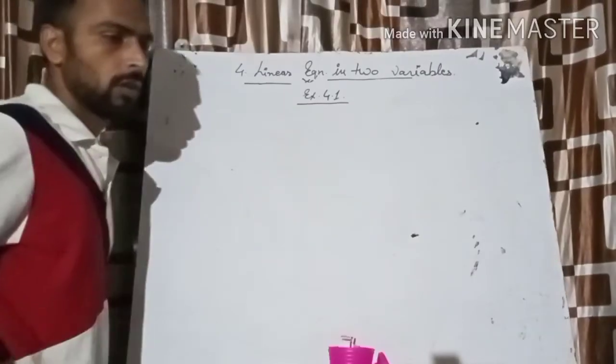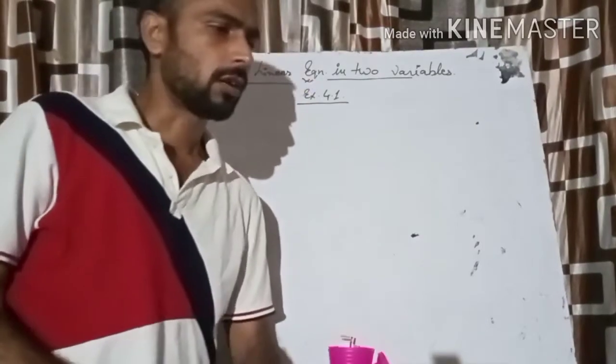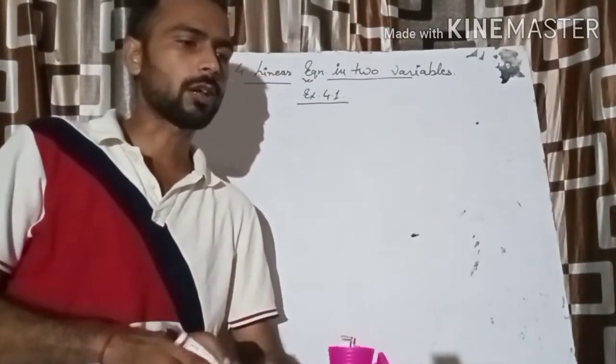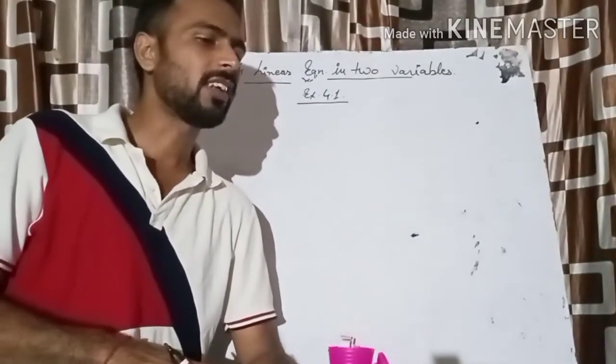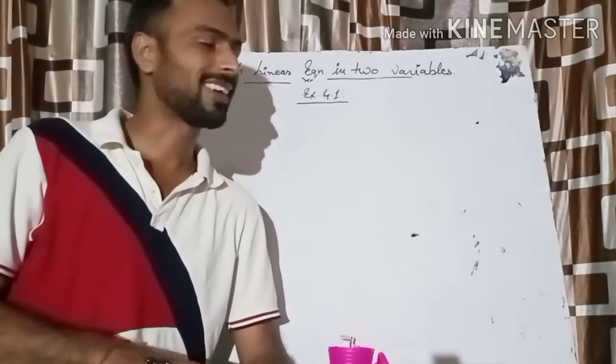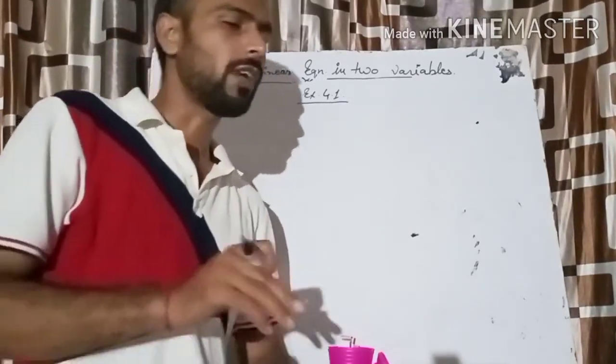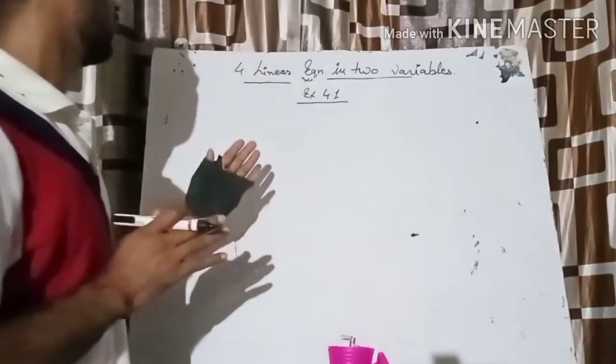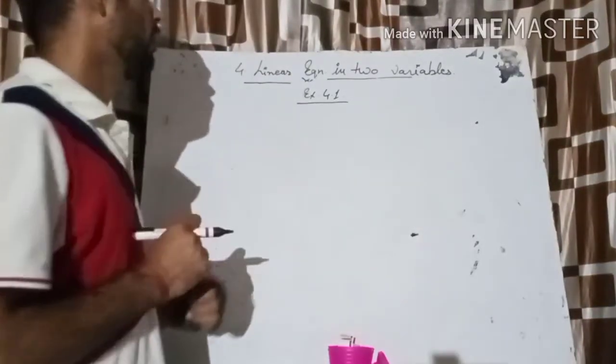First question, the statement is: the cost of a notebook is twice the cost of a pen. Write the linear equation in two variables to represent this statement. So we have to write a linear equation for this statement.